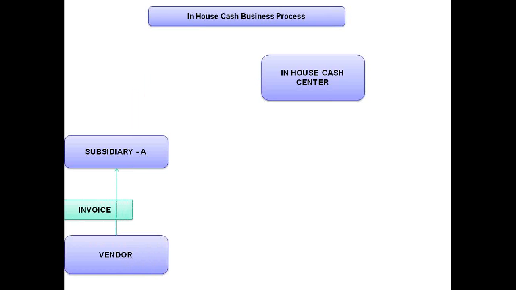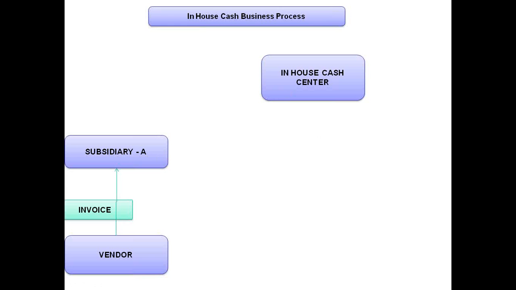In general, what will be done? Payment is done from the paying company, and on the paying company side, books will get updated automatically. I need to maintain up-to-date bank statement information at the headquarters level as well as the subsidiary level, for subsidiaries A and B. How can that be possible?